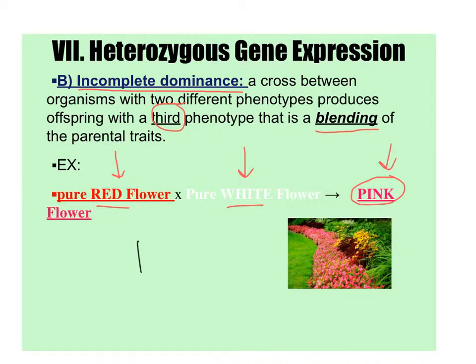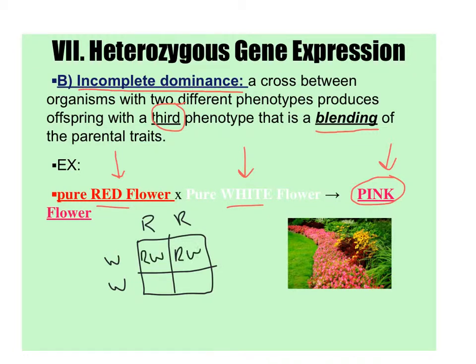So a simple little Punnett square for this one. If you cross a purebred red with a purebred white, just like in the previous example, we get RW in all of them. I don't need to do that one again. So 100% of the flowers will have the genotype of RW, and 100% of them will be pink.